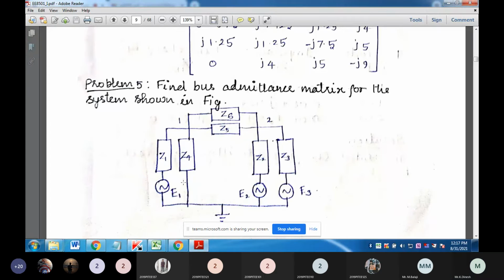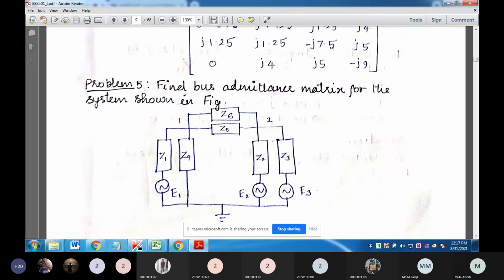We have generators at Z1, Z2 and Z3. So 3 generators and 6 impedances. Z1, Z4 parallel, Z5, Z6 parallel, and Z2, Z3 parallel, and we have 2 main junctions, 1 and 2.